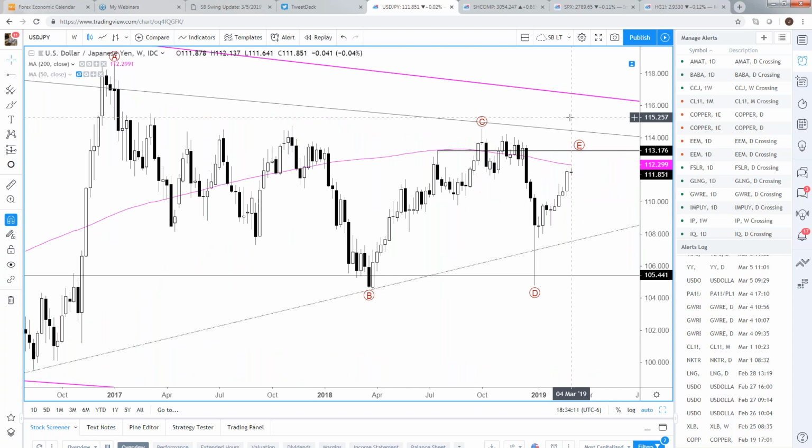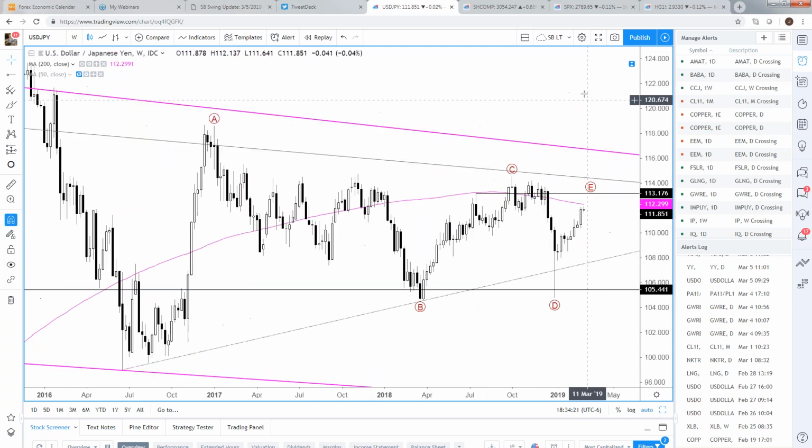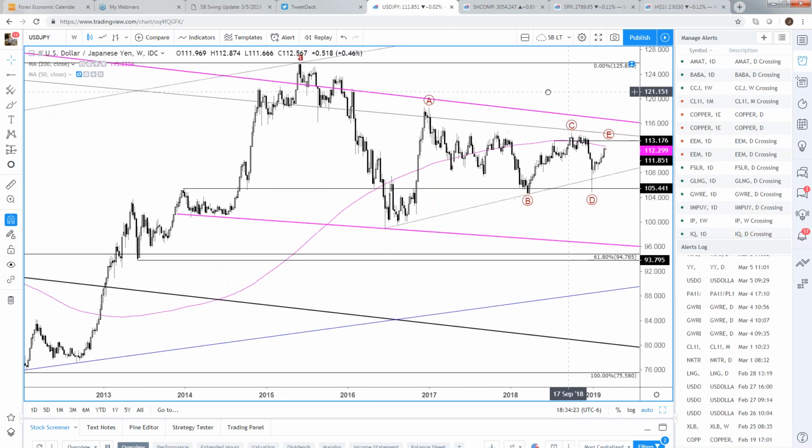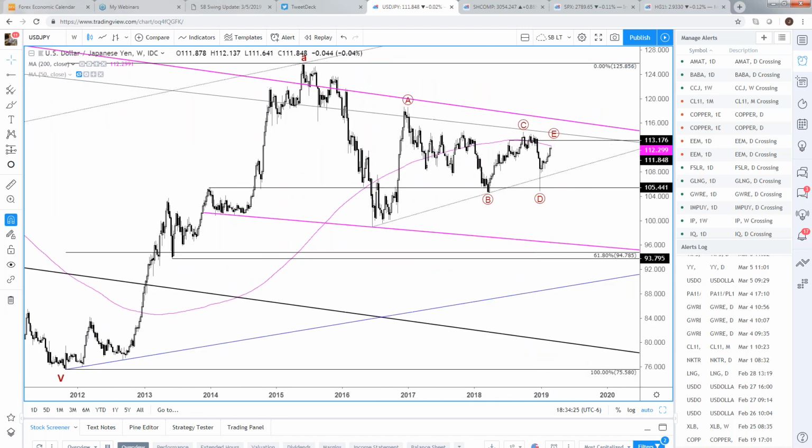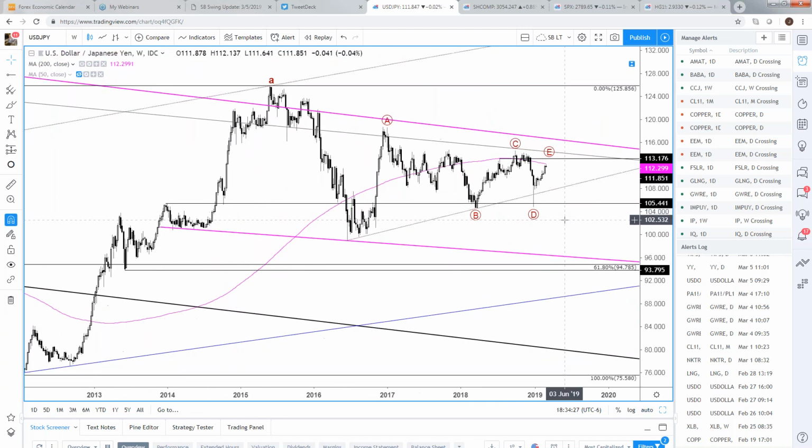You even have former people in the BOJ calling for 94. Crazy things like earlier this year, and the market tends to do its own thing, and it just goes the other way, and it makes people look stupid. But I'd be looking at maybe even 113.20. I don't know if you can get up there at some point, but you might later in the year.